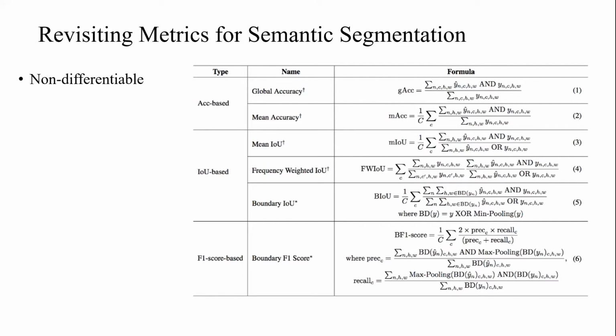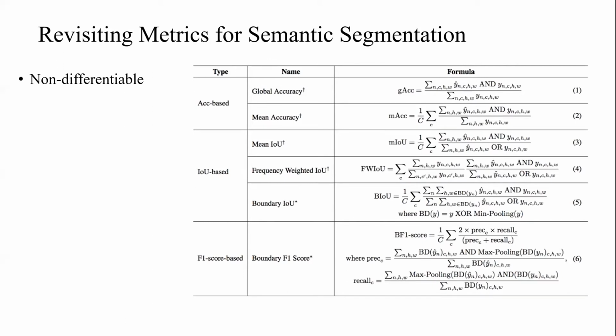Although they were in quite different forms when the previous work proposed these metrics, we found that in semantic segmentation, the evaluation is basically based on some operations defined on each pixel, to compare the pixels in the prediction and the pixels, the segmentation output in the ground truth.